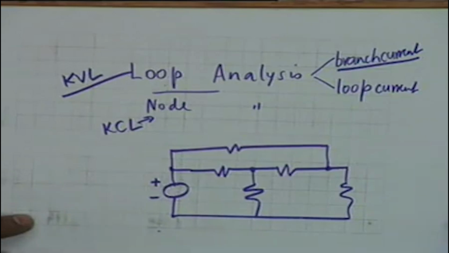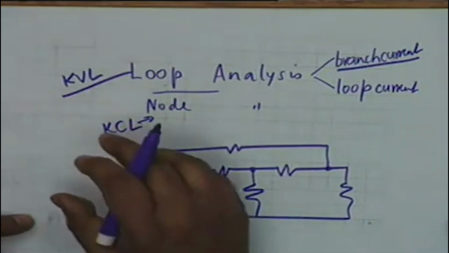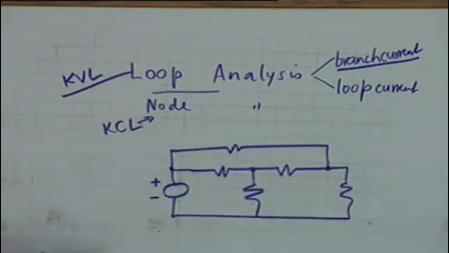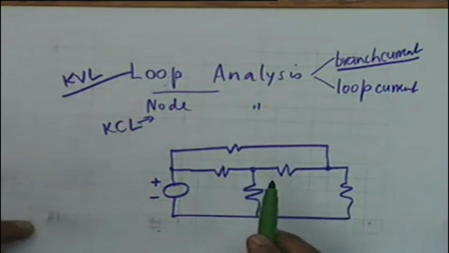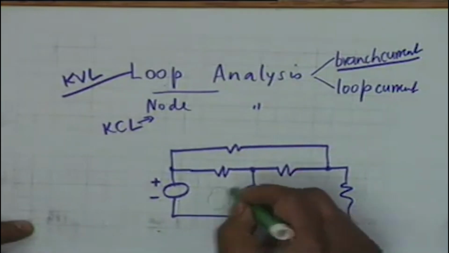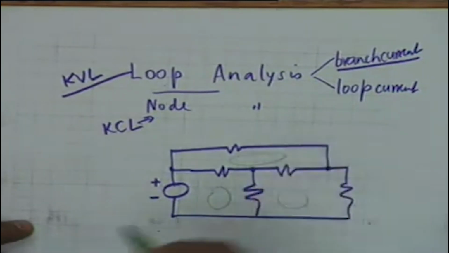Now can you tell me by looking at this circuit which method you shall follow, loop analysis or node analysis? Loop? If you follow loop analysis, well, the answer is incorrect. If you follow loop analysis, you formulate 3 loops, you shall have to write 3 equations.